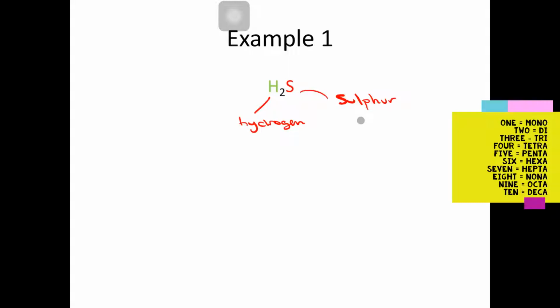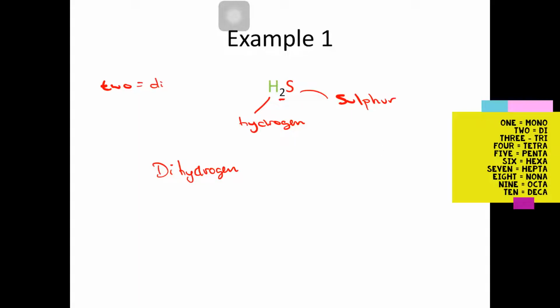How do we name this thing? Well, you can see this little 2 up here. This means that there's 2 hydrogens present. So we need to think about the prefix for 2. So the prefix for 2 is di, and we need to put that at the start of our compound. So dihydrogen. And now we need to think about sulfur.